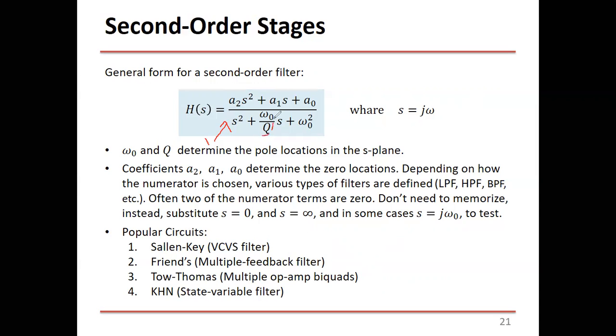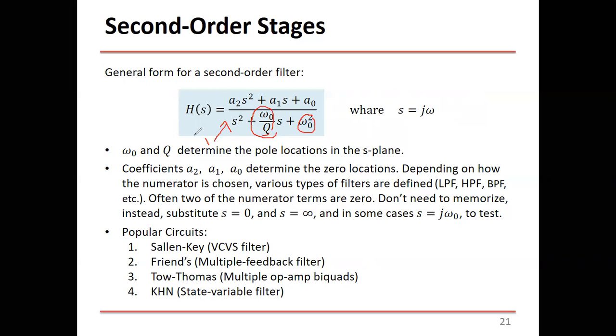And the coefficient of the S term is called omega 0 over Q. Omega 0 is the corner frequency or cutoff frequency, and Q is the quality factor, okay? And this is omega 0 squared. So this is the standard form of a second order filter.